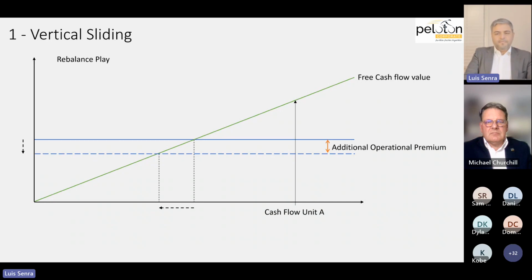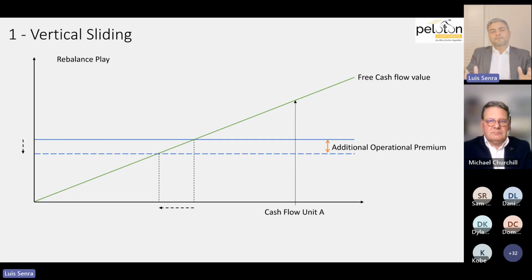And I can give you some examples of companies that have been through 4 rebalance plays in a row. So a private equity firm buys a company that is worth 100 million. We find ways to sell 10 million in assets that will influence little on this free cash flow value. We take 10 million out of this company, we resell the company for $97 million, and we have created $7 million out of this.